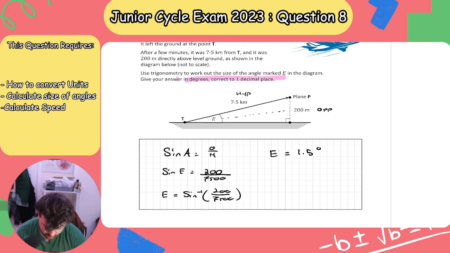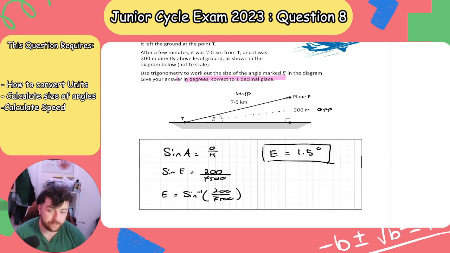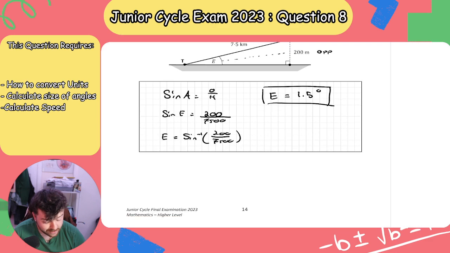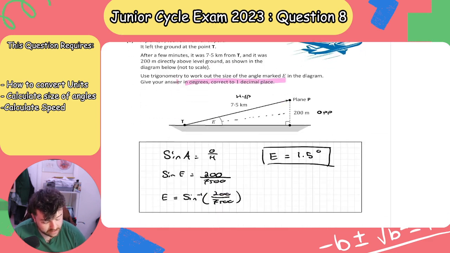I suppose that does kind of make sense, really. Yeah, that is 1.5 degrees. Who would have thunk it? Right, so 1.5 degrees. Easy peasy, lemon squeezy. That's a little devious one because they want you to question your answer like I did. Okay, so that's that part done.